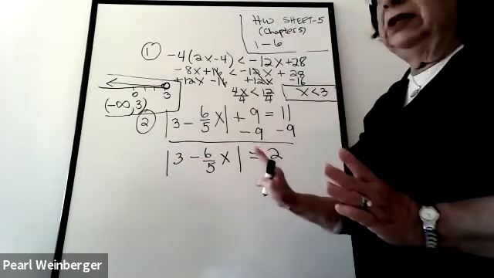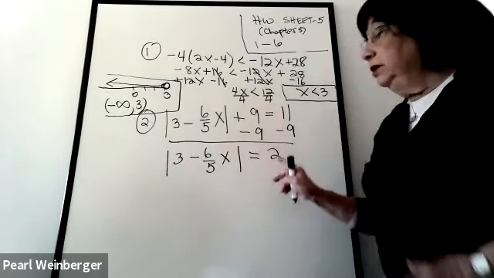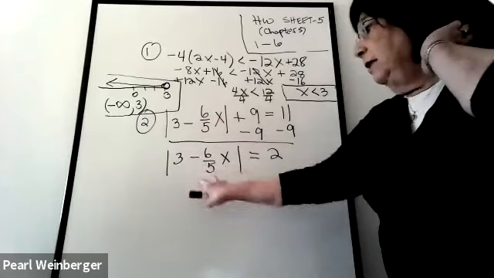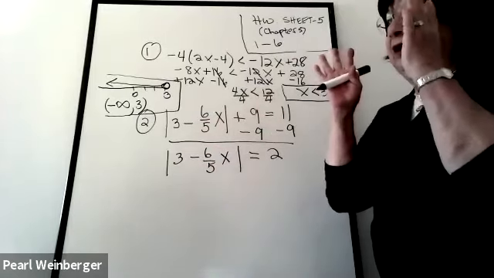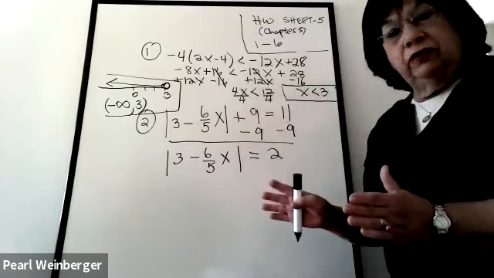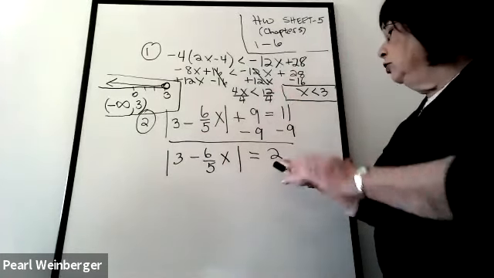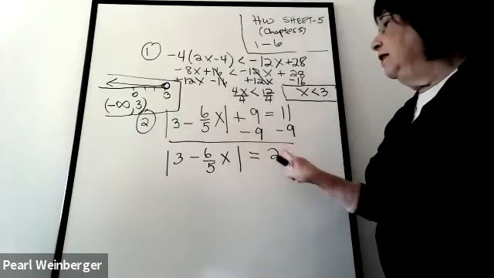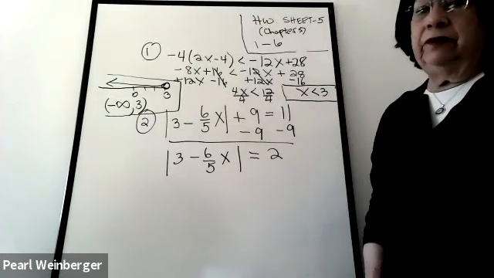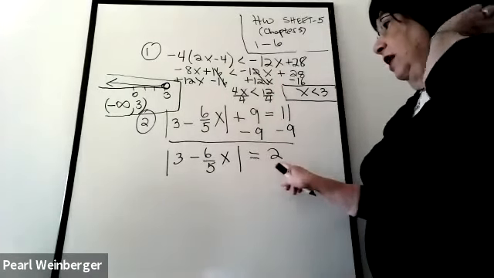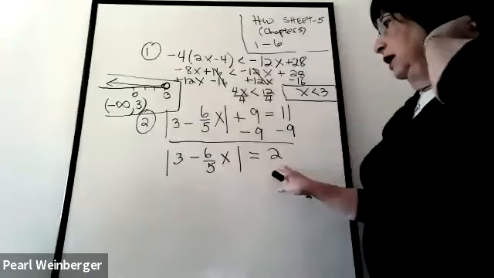Now I pause here and I look at this number. Once I have the absolute value all by itself, I look at the number on the other side. That number has to be a positive number. We cannot have an absolute value equaling a negative number.